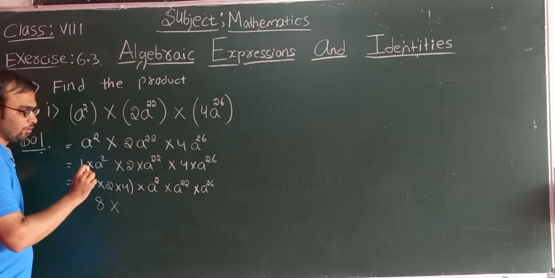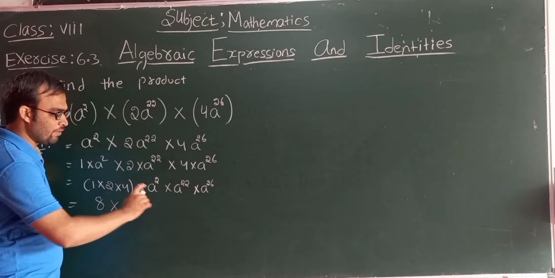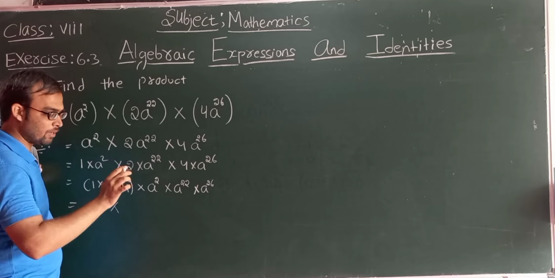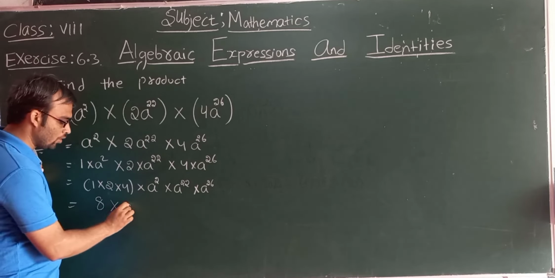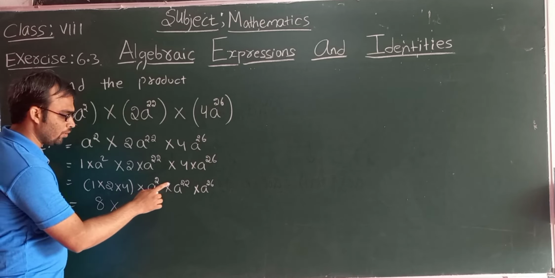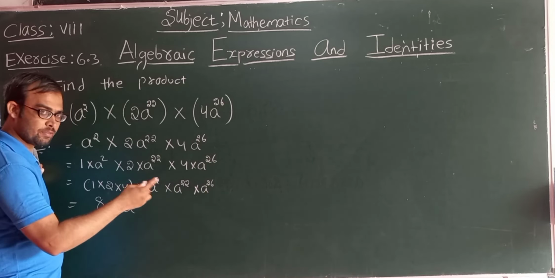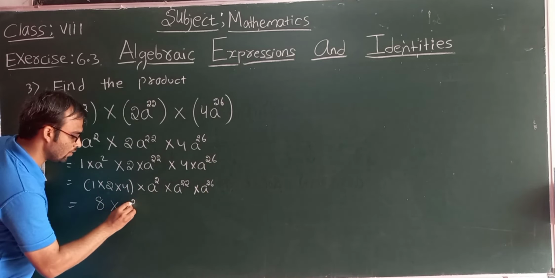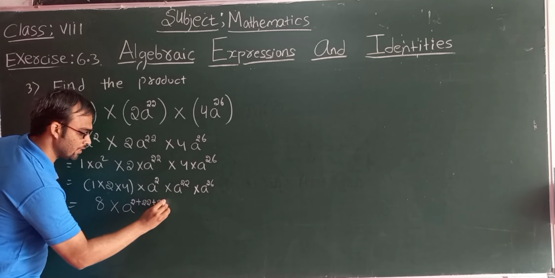As I told you, when you are multiplying the same variable, their exponent powers will add up. So when we multiply a to the power 2 into a to the power 22 into a to the power 26, we get 2 plus 22 plus 26.